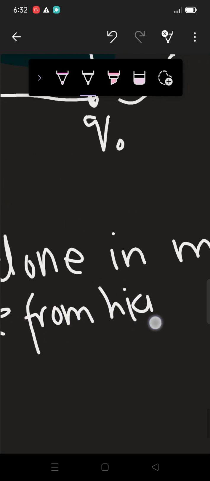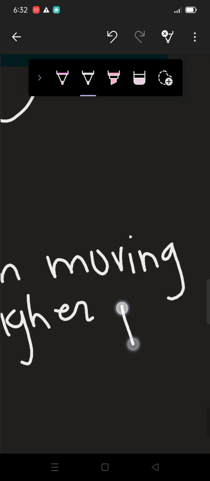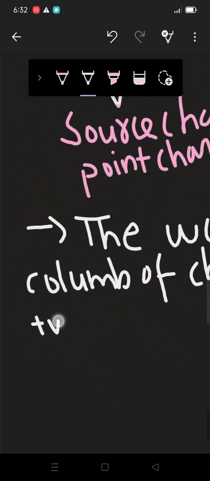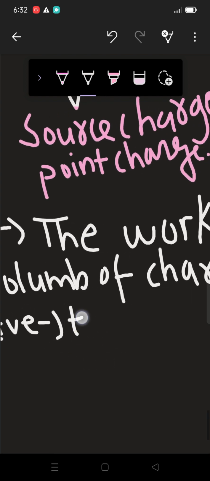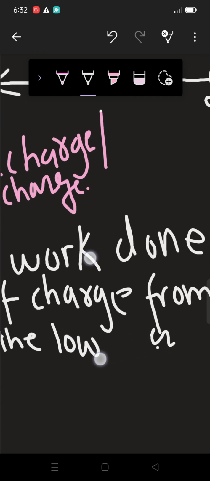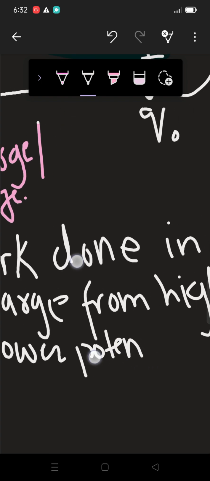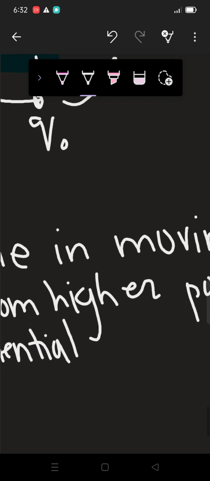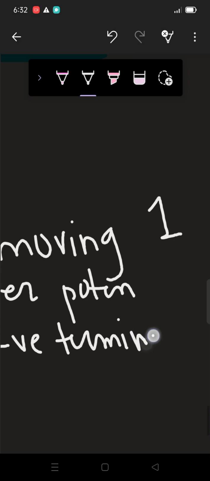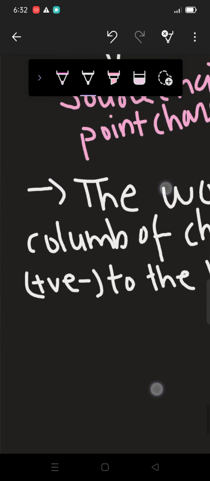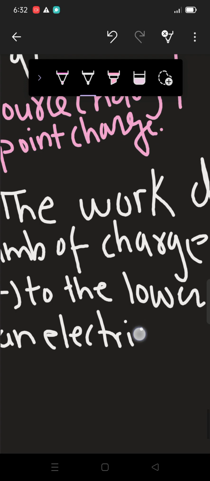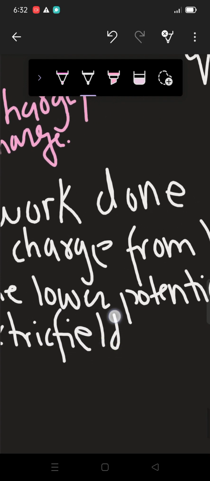I am writing here higher potential, and here mentioning positive terminal as well, to the lower potential, or to the negative terminal in an electric field, is what we call the potential difference.